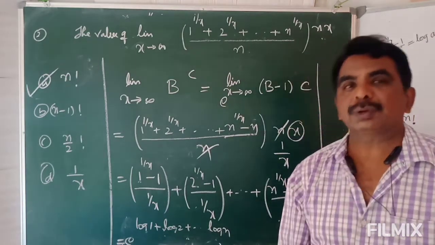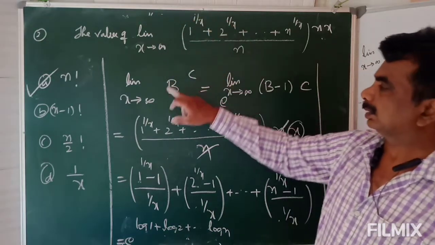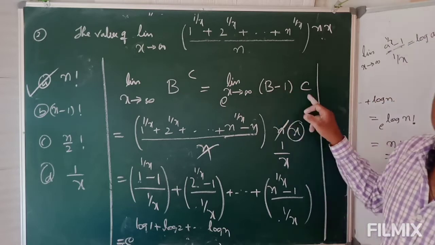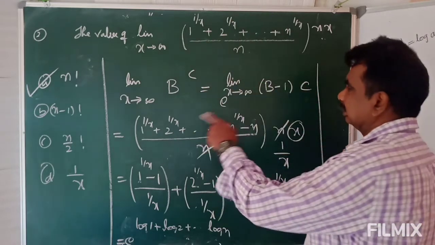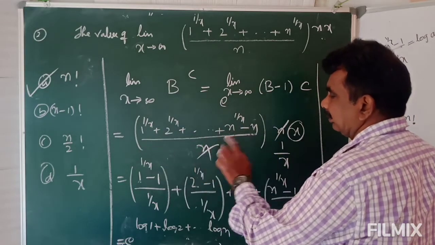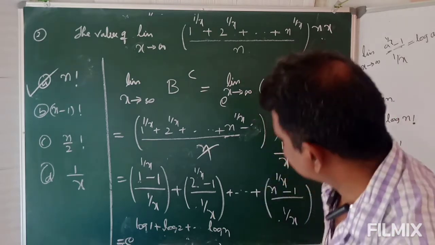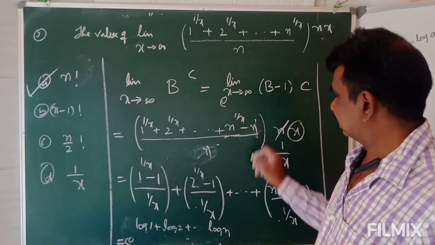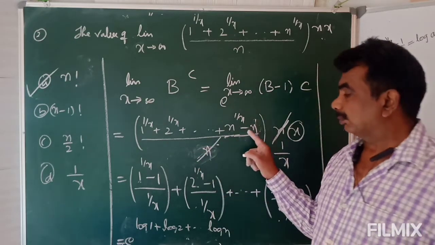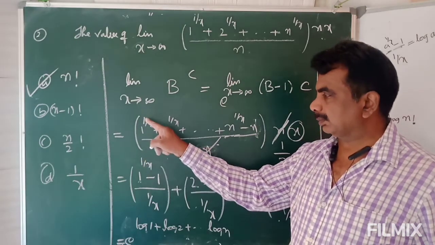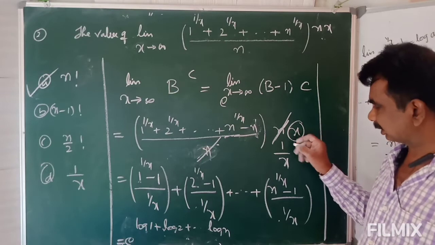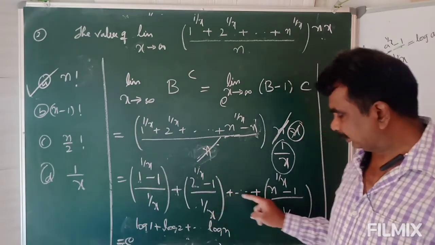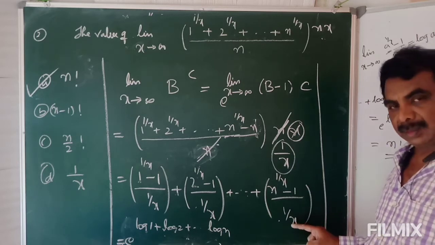It can be converted by putting the exponential: it becomes e power limit x tends to infinity of (base minus 1) into the exponent. Now the LCM: n cancels, remaining minus n times, that is 1 power 1 by x minus 1 by 1 by x, plus 2 power 1 by x minus 1 by 1 by x, plus up to so on, n power 1 by x minus 1 by 1 by x.